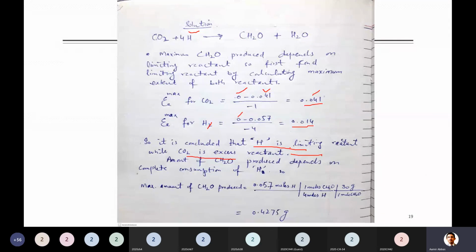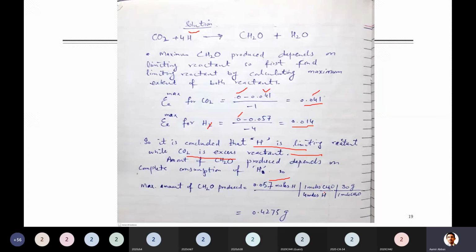So now to find how much, or the maximum amount, of CH2O can be produced from the reaction, I already told you that it will depend on the limiting reactant. We consider that the limiting reactant is completely consumed. So here the amount of limiting reactant is 0.057 moles of hydrogen. I just multiply this by the stoichiometric ratio.